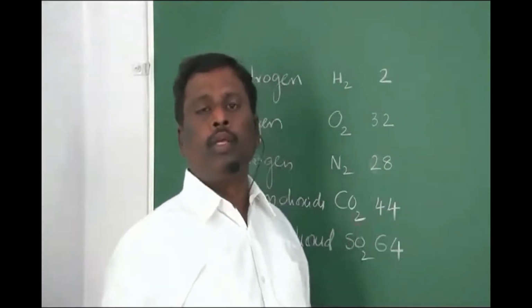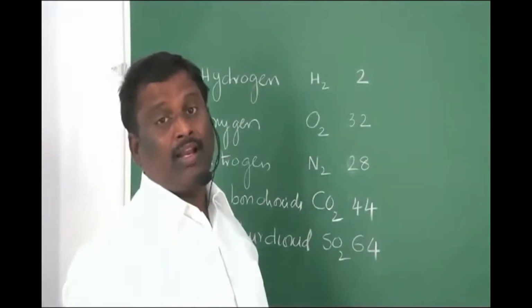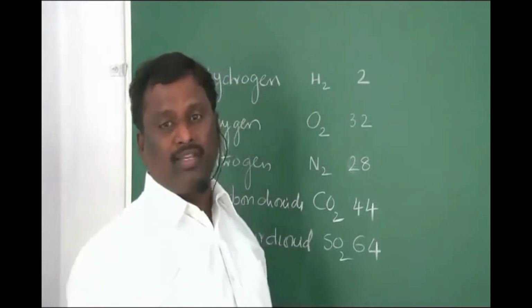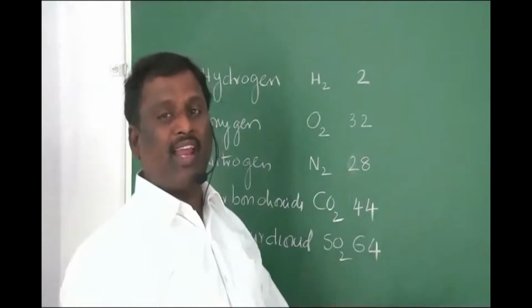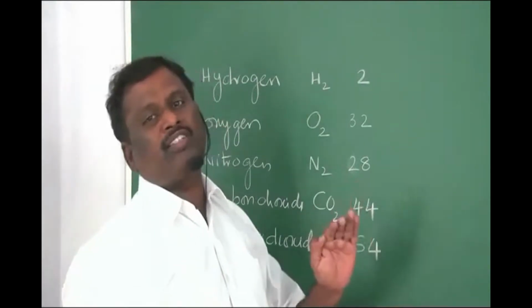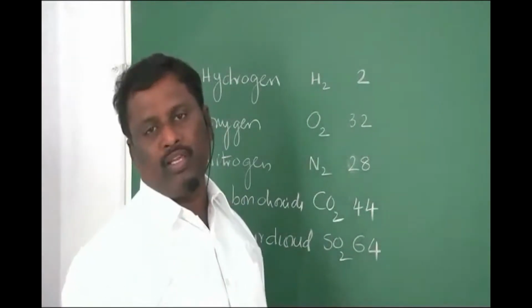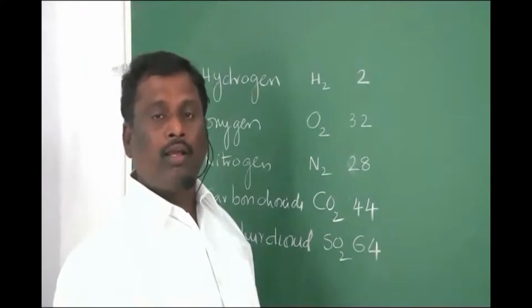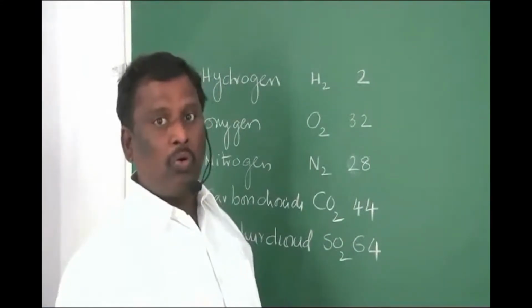Now, gram molecular weight. What is meant by gram molecular weight? Gram molecular weight means if any substance is taken in grams equal to its molecular weight, then that amount is said to be gram molecular weight or gram mole or simply mole.